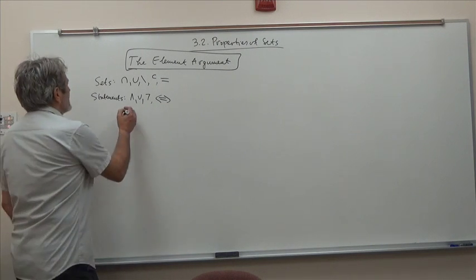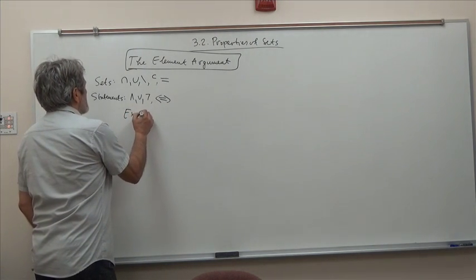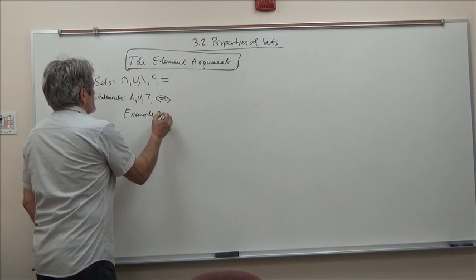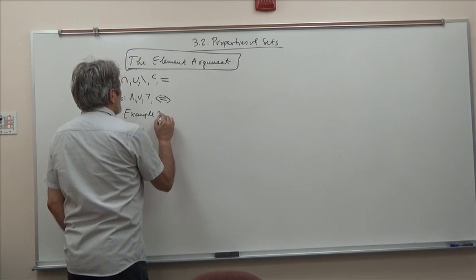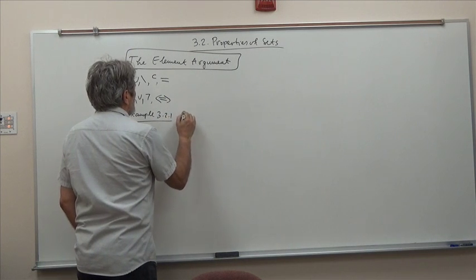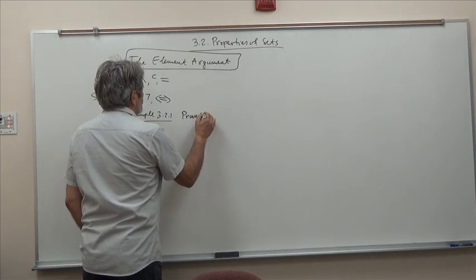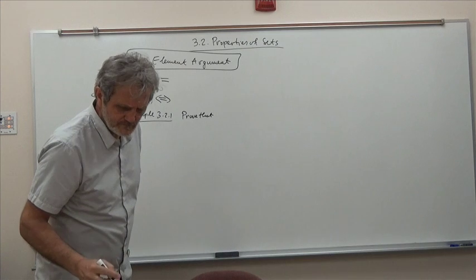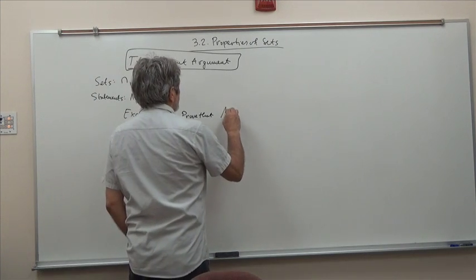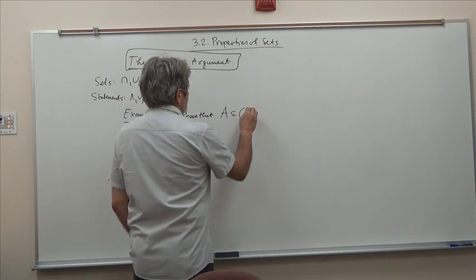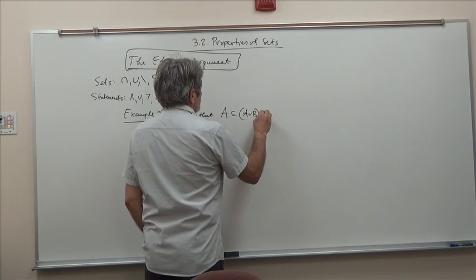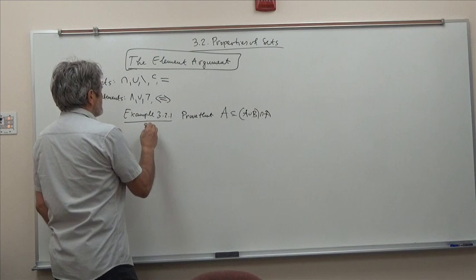Let's see an example. Prove that A is a subset of (A union B) intersection A. Proof.